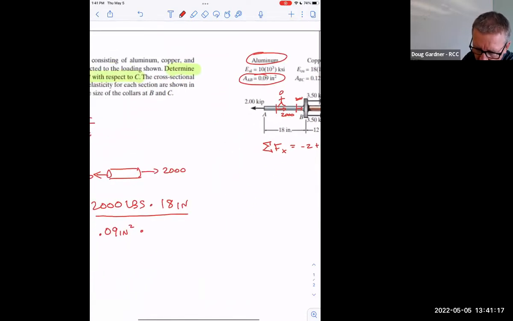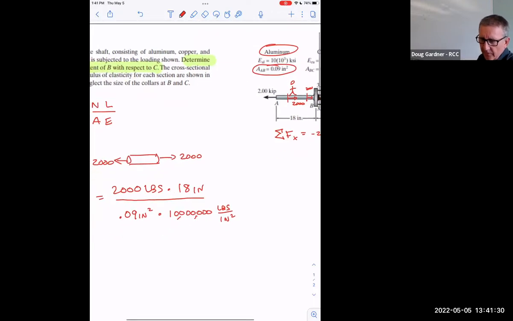Now, what am I going to write? I'm going to write 10,000 pounds per square inch, PSI, because I just want to look and see what happens to all these units. Well, first of all, I'm happy to see bunches of pounds and inches. Does that make sense? I'm happy to see a lot of pounds and inches.